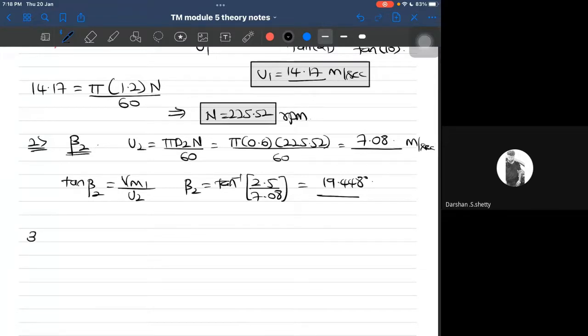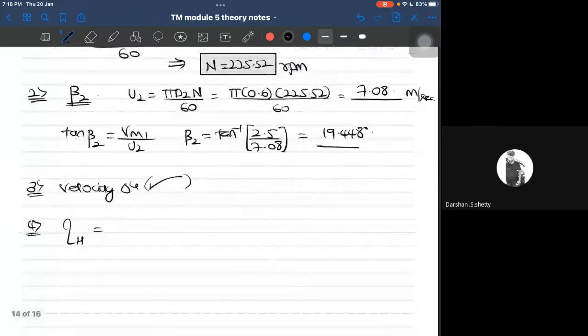Third one is the velocity triangle. We have already drawn it. So velocity triangle is done. Let us go with the fourth one, where we need to calculate the hydraulic efficiency. Now, you guys know the formula for hydraulic efficiency, I guess, right? We have used it. It is there in the design parameters as well. It is U1 VU1 divided by g into H. Very, very simple. So U1 and VU1 both are same here.